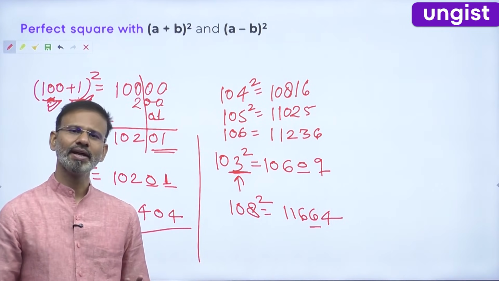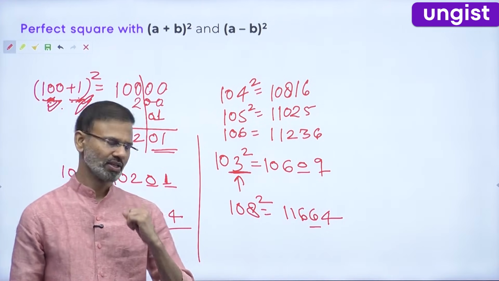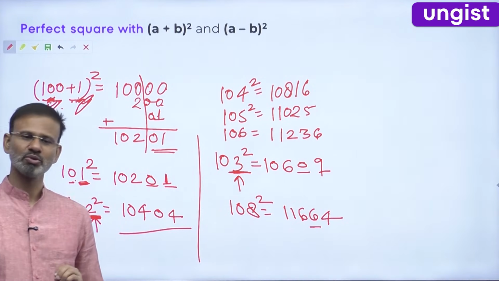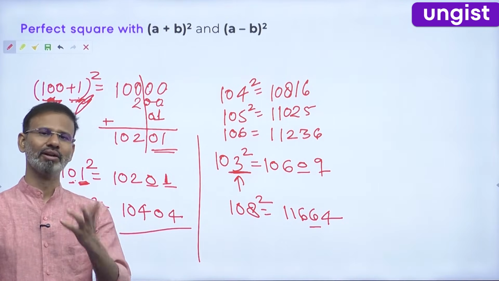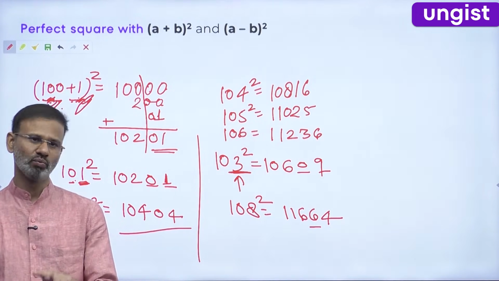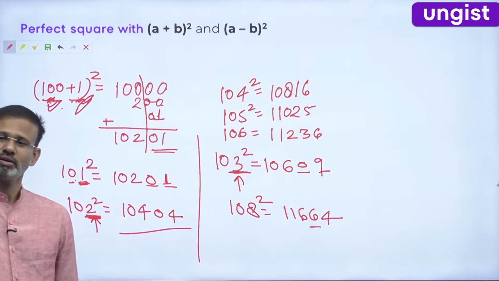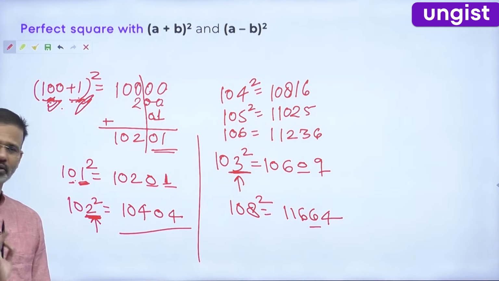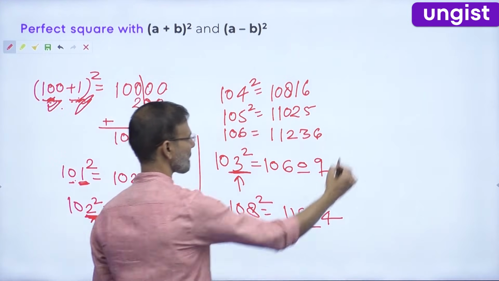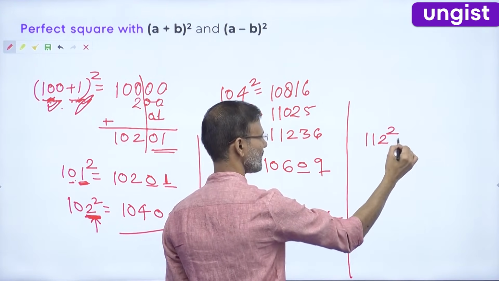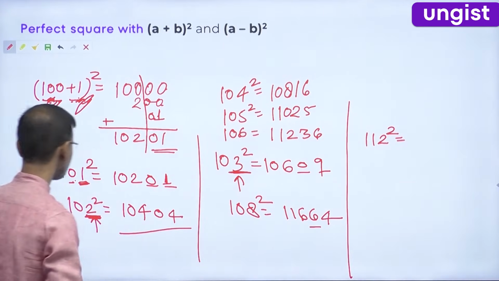Now everybody, the deviation may have a 3-digit square also. Suppose that the deviation is 12. So the square of 12 is 144. So this may give you 3 digits. Correct, everyone? Look at 112. So friends, what is the process?